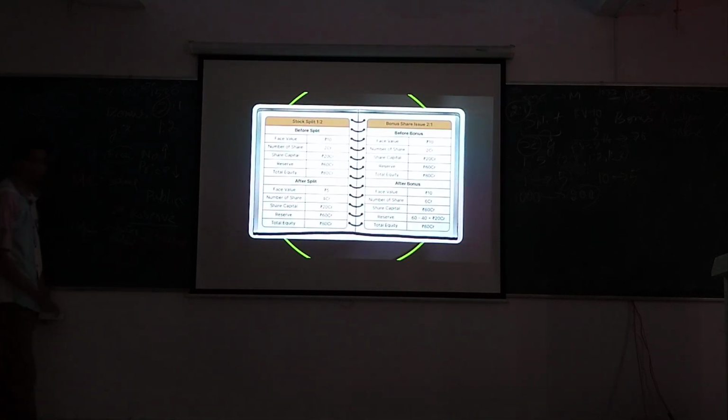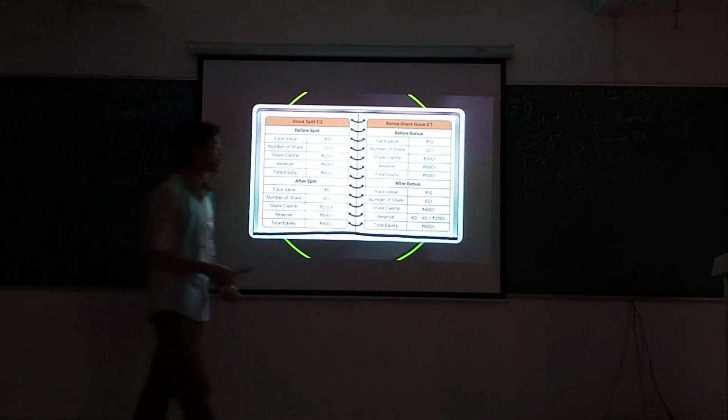But in general terms, only this is taken as the market cap. Only when it comes to bonus issue, this whole formula is applicable. Otherwise, this is equal to market cap. Reserve is not applicable.